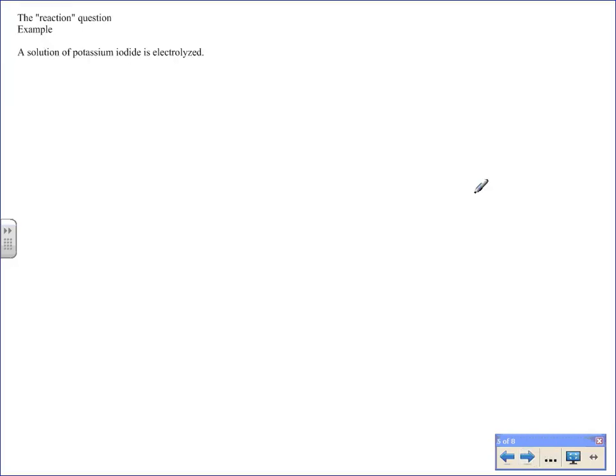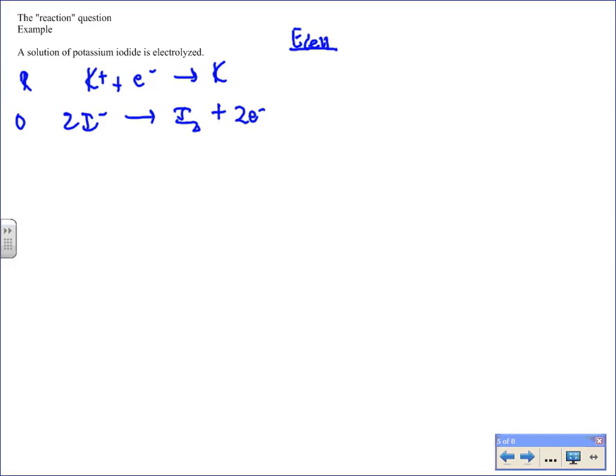So this is a possible exam question, where it will just say a solution of something is electrolyzed, and the process that we just went through is the process that you need to go through. If you've got potassium iodide being electrolyzed, you've got the two half reactions. This is your reduction choice and your oxidation choice, and you want to look at the reduction potentials of these.